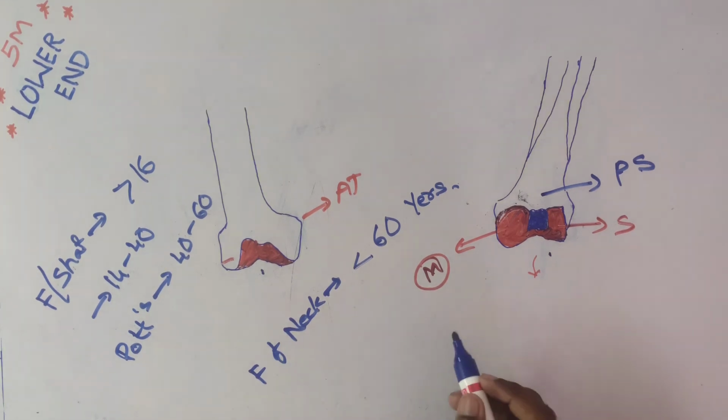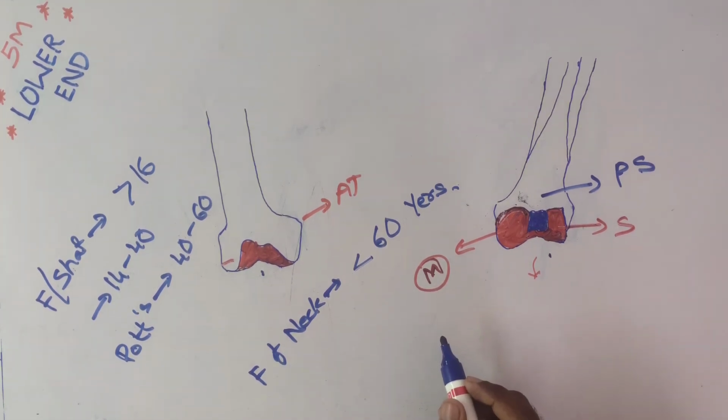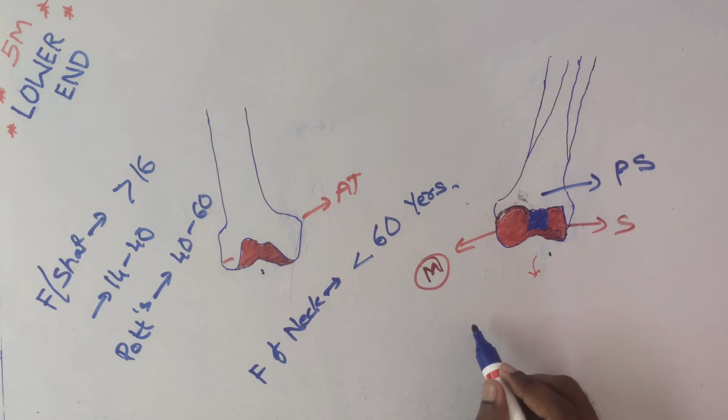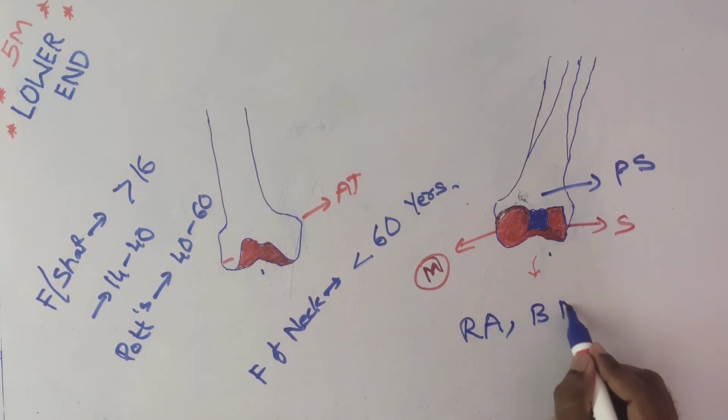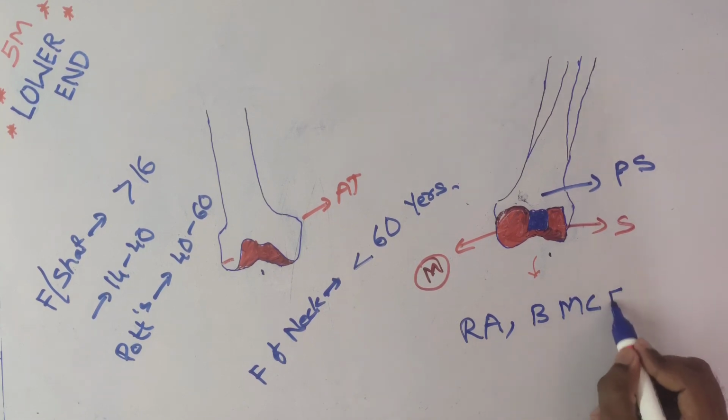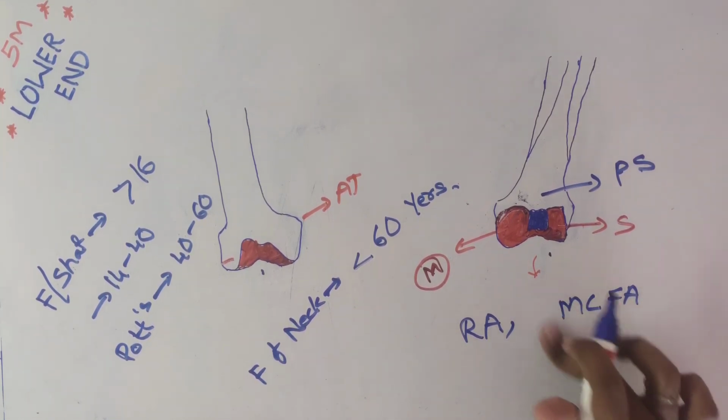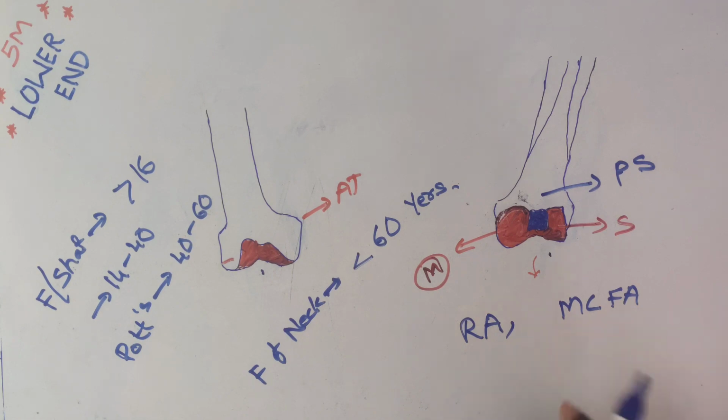Next, we have discussed in the upper end that it is supplied by the retinacular arteries as well as branches of the medial circumflex femoral artery. If these arteries get injured in an intracapsular fracture of neck of femur, it leads to avascular necrosis of the head.